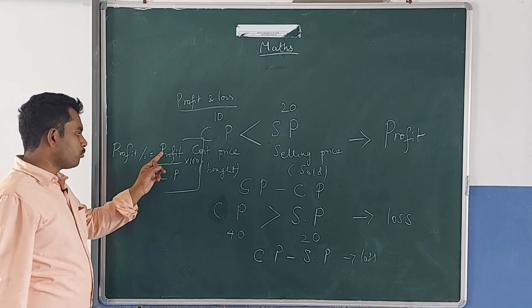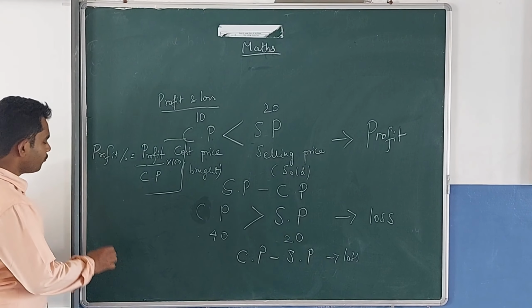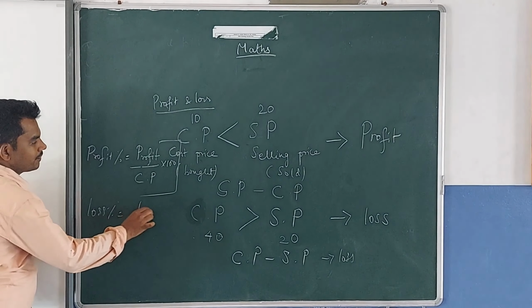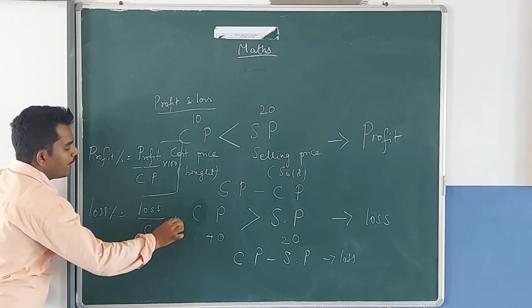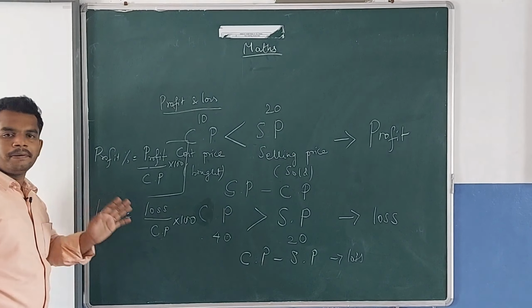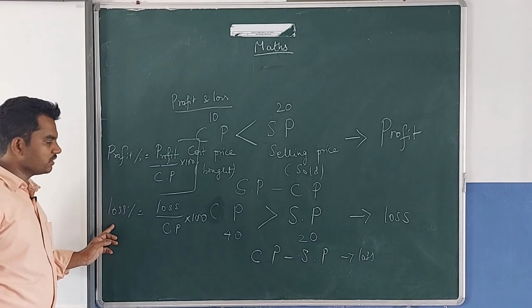So the formula is profit divided by CP into 100. Same for loss percentage, loss by CP into 100. Okay, so this is loss percentage. Okay, profit percentage, loss percentage.